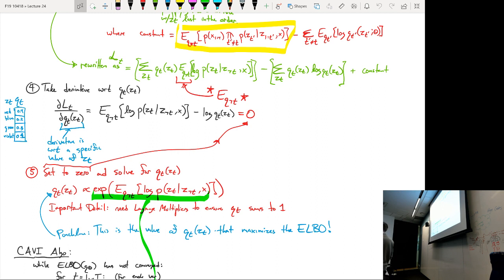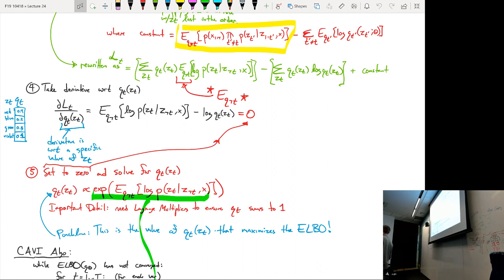Yes. So if we don't have the sum to 1 constraint, then you just solve that for log Qt, and you get Qt equal to this. But we do have a sum to 1 constraint that says the total sum of all of these things needs to add up to 1. Exactly. And so you could imagine that exponentiating some expectation like this might give you back a bunch of things that do not sum up to 1.